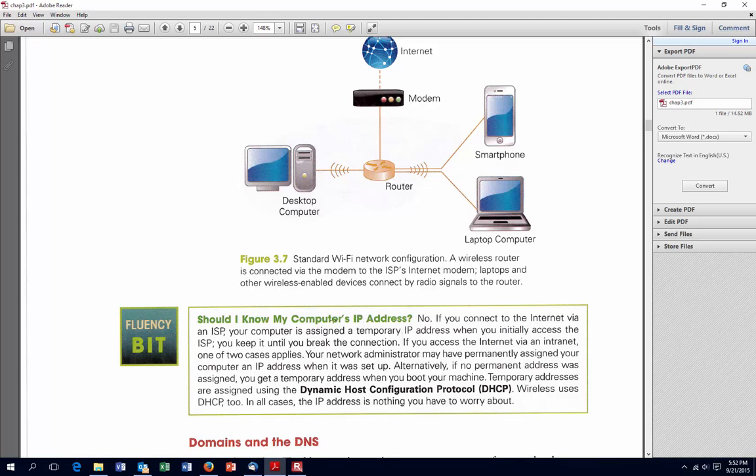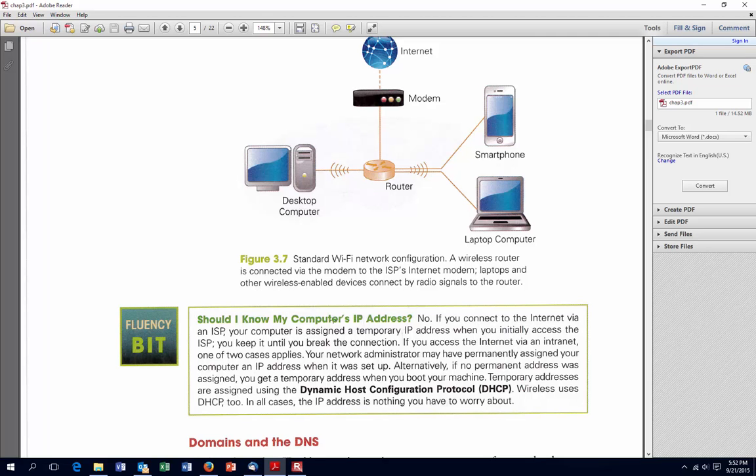The dynamic host protocol, the DHCP, is something that is used a lot these days, particularly in small environments such as the one in the picture there. In that picture, the router would be responsible for handing out IP addresses. Since they're just temporary, as people move in and out of a coffee shop, for instance, the router hands out an IP address.